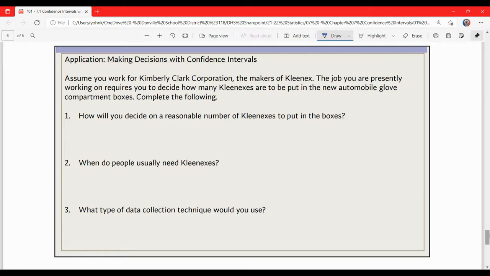Well, there's lots of different ways that you could figure out how many Kleenexes should go in the box.